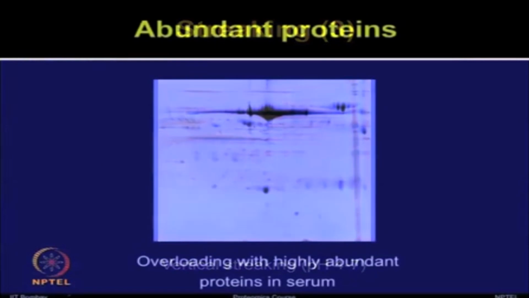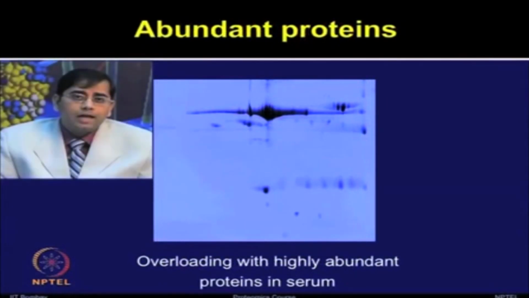Now, abundant proteins, as we briefly talked about last time, sometimes crude samples do contain highly abundant proteins and salts. Abundant proteins are one of the major interfering components which can be easily seen on the gel. If you have a serum sample, there are many interfering components present in the serum, including abundant proteins such as serum albumin.